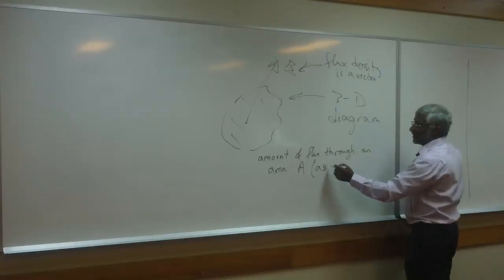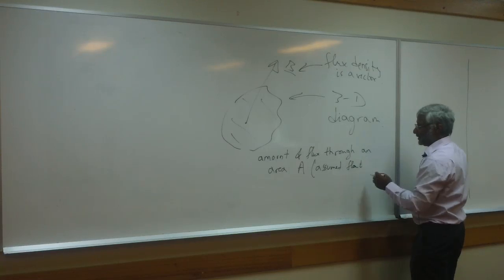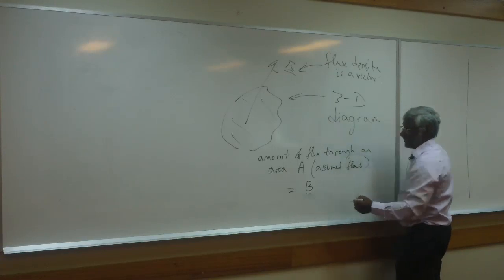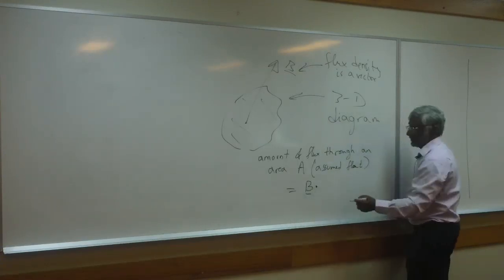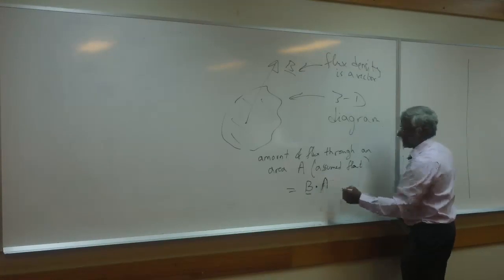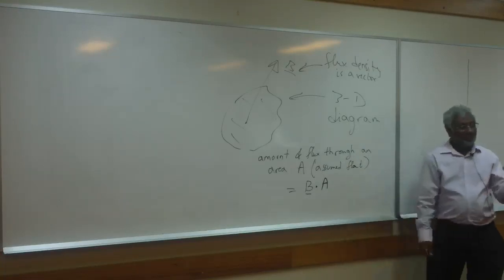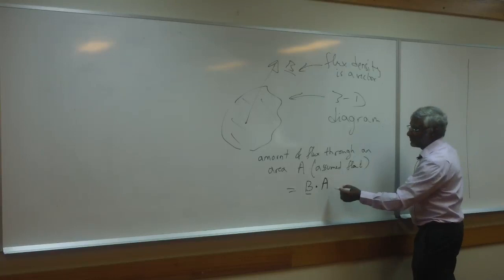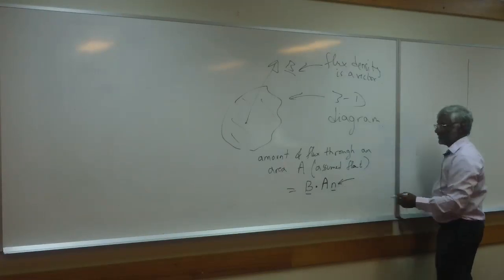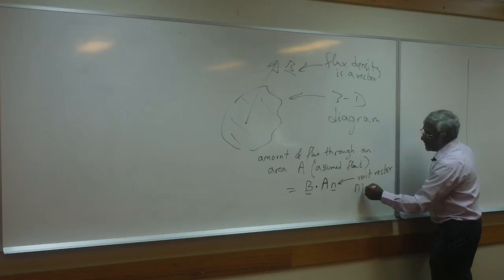So if an area A, assumed flat, is equal to B dot A. If I want to do this correctly, I'll have to put an n there, where the n is the unit vector normal to the area.